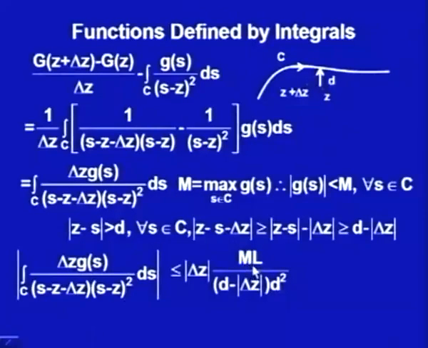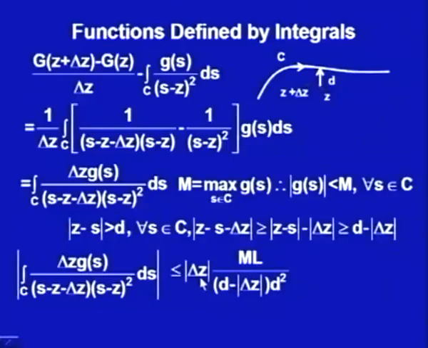We do have that L is nothing but the length of this path. Whatever this length is, it has to be some finite number, and M is also some finite number. Now, d is the minimum distance from this point z to this path, so these are also some fixed numbers.